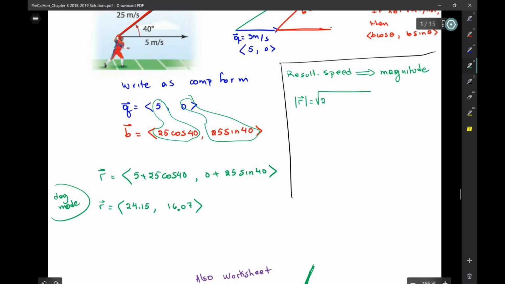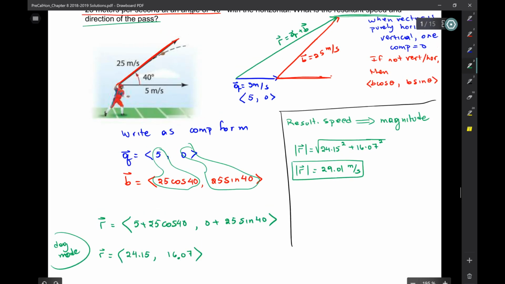So 24.15 squared plus 16.07 squared. Then that's the magnitude, and we put that in our calculator and we get 29.01 meters per second.